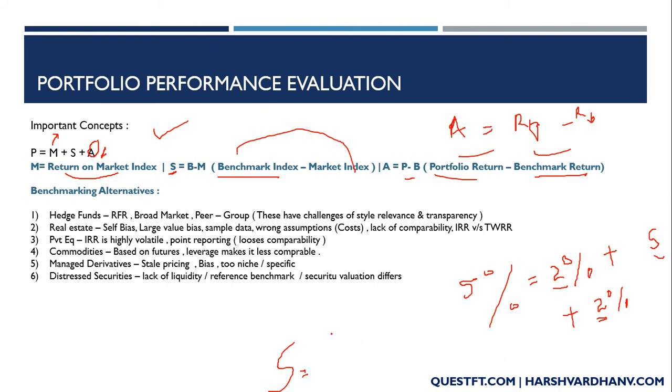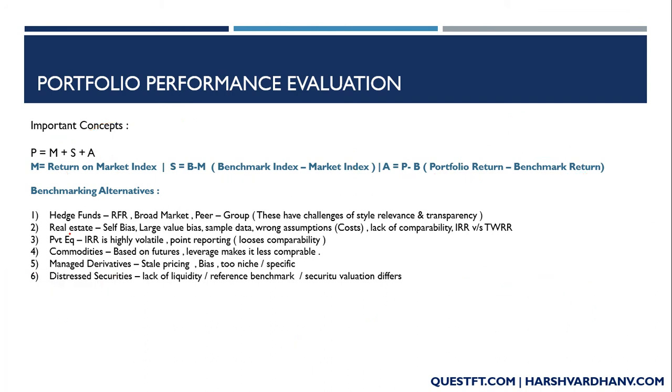You simply do 5 minus 4, right? 5% is equal to 2%, which is coming from the market index, plus S, I don't know what S is, that is the excess return due to the style, and A is the active management, active return. So in this sense, S is basically the difference between the manager's style and the benchmark style. So in this way, you can understand the formula.